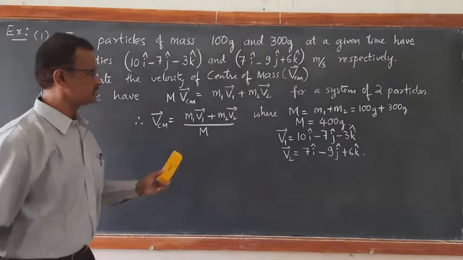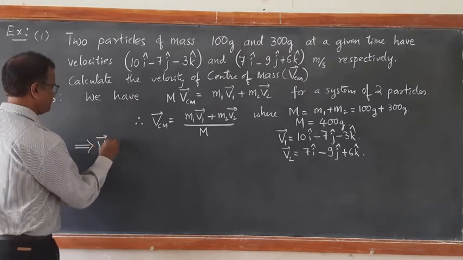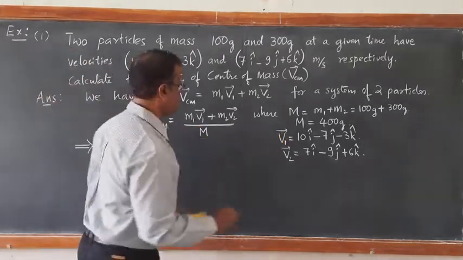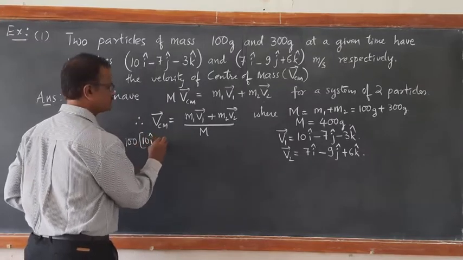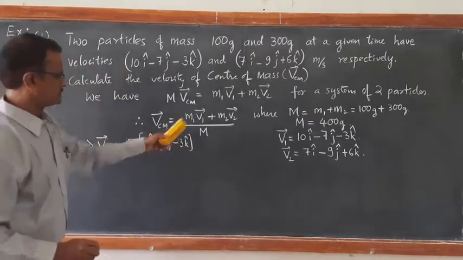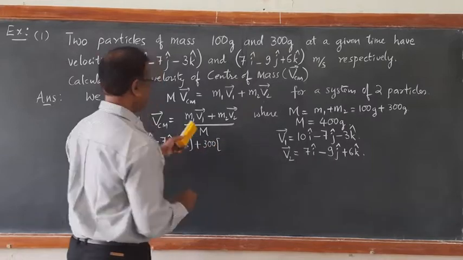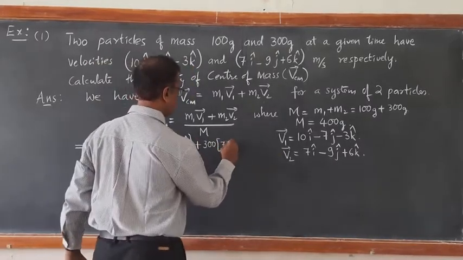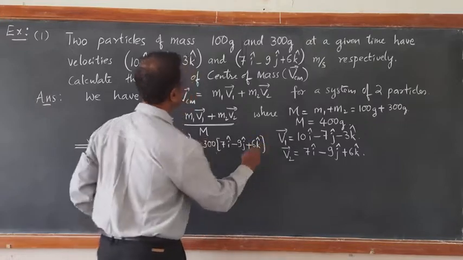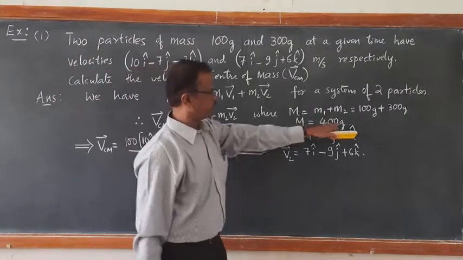So we have to substitute all these values in the given equation. Therefore, this implies Vcm is equal to m1, which is 100 gram, 100 into v1 vector (10 i cap minus 7 j cap minus 3 k cap), plus m2, which is 300 gram, 300 into, again you substitute the value of v2, (7 i cap minus 9 j cap plus 6 k cap), whole divided by m1 plus m2, we got 400.